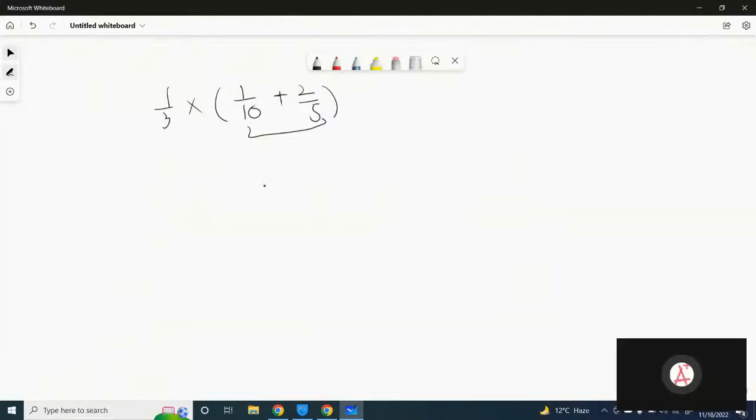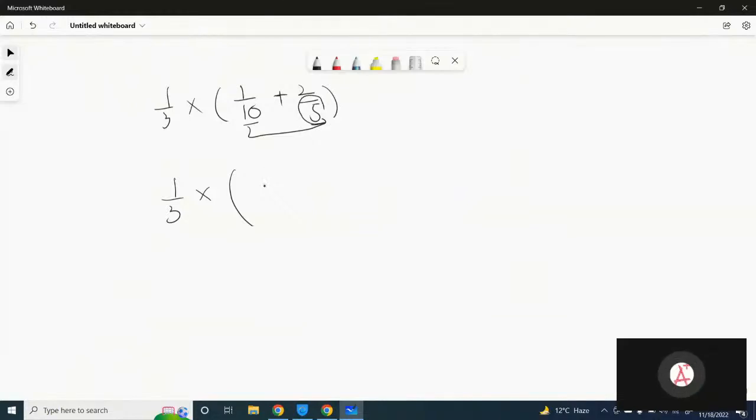So first you have to add these two fractions. Both of the fractions have different denominators, unlike denominators, so first you need to make their denominators the same, like denominators. How can you make their denominators the same? The greater denominator is 10, the smaller denominator is 5.